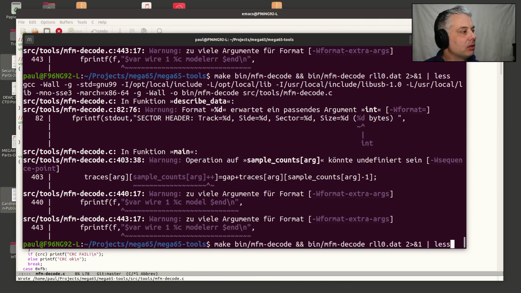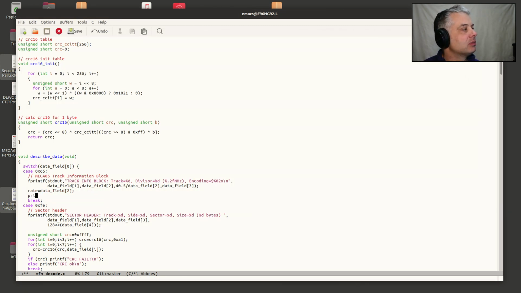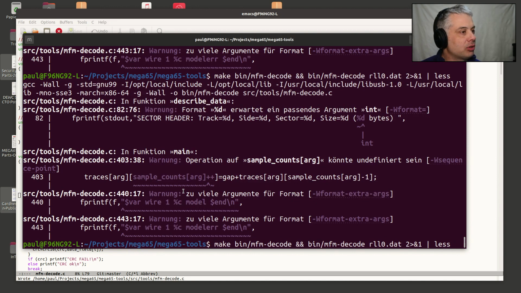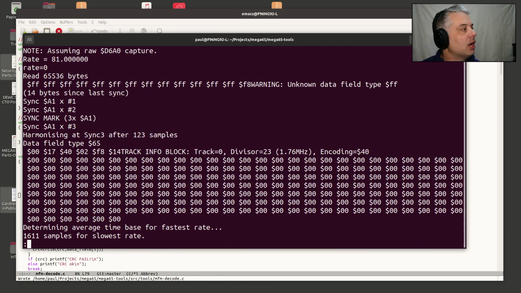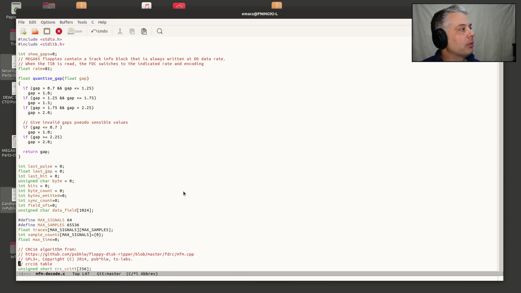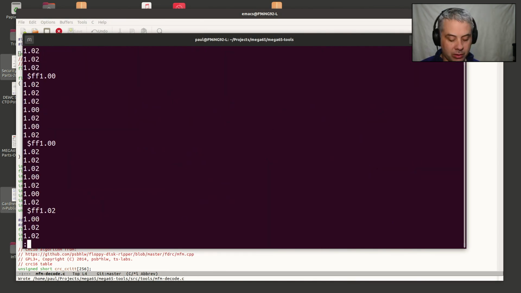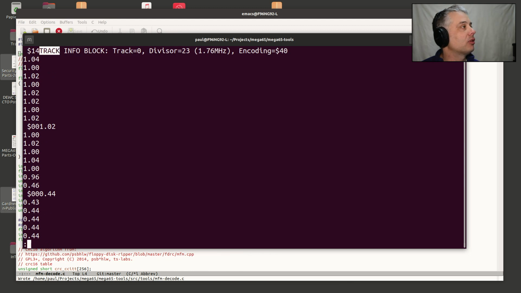When we set the rate to that, each pulse will be deemed to be shorter, and so it should... no, it won't actually, because it's still counting how long the gaps are. But now we need to show the gaps again, and it should respond to that. So if we search for track info block, there it is.